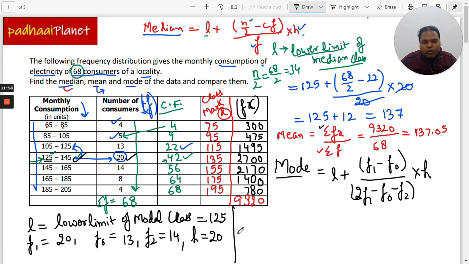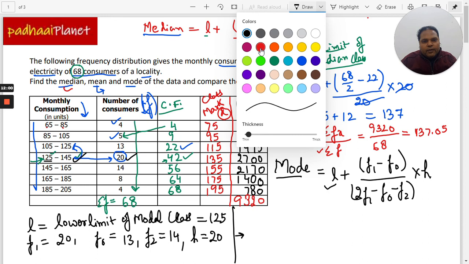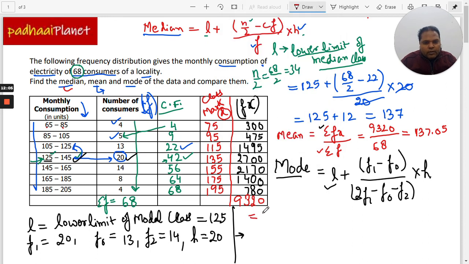Now let's put all these values into the formula, and we'll quickly find out the value. So 125, because L is 125, plus F1 minus F0, that is 20 minus 13, right? Now 2F1 meaning 40, minus F0, that is 13, minus F2, that is 14.